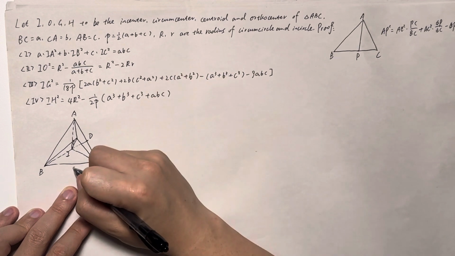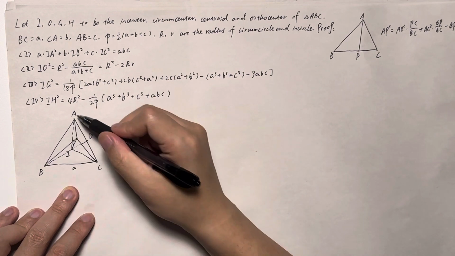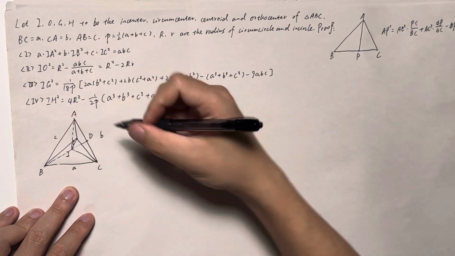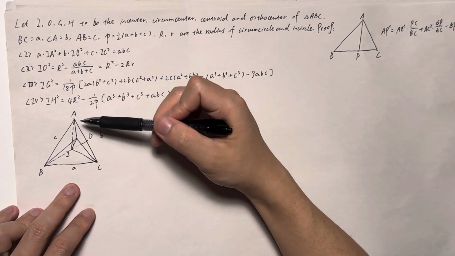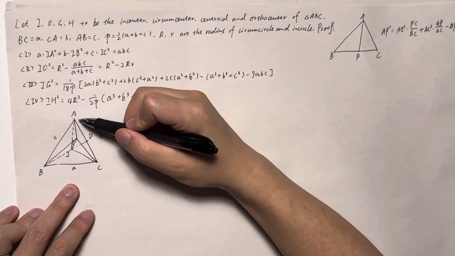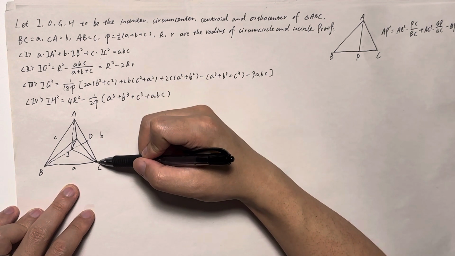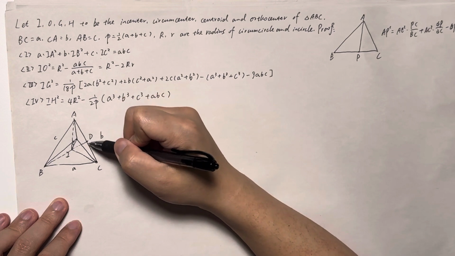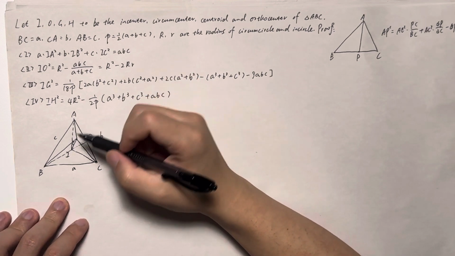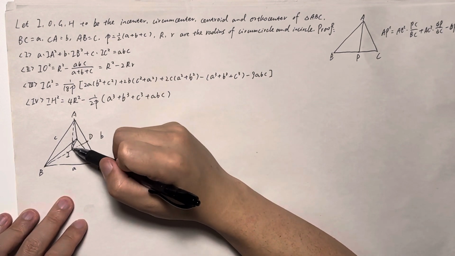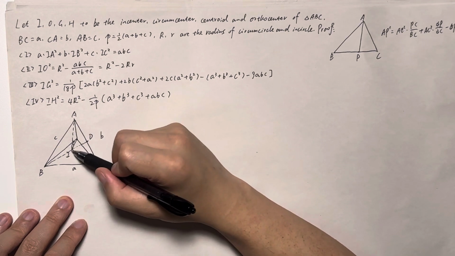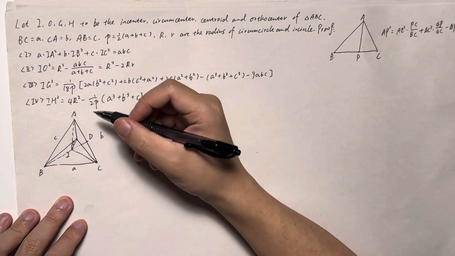Here BC is a, CA is b, AB is c. So we know the actual lengths of AD and DC. Because we know AD and DC, we know the lengths of AI and IC, and we can calculate ID. All of this can be calculated.